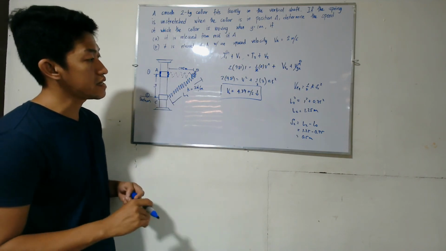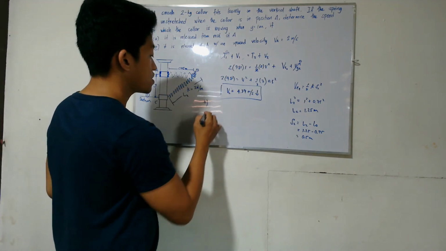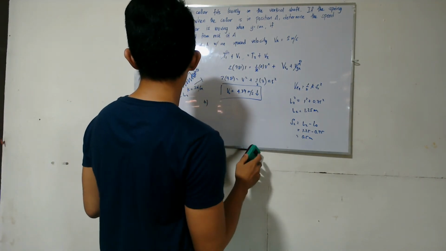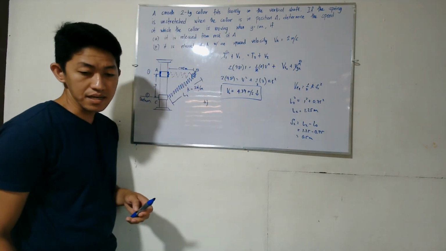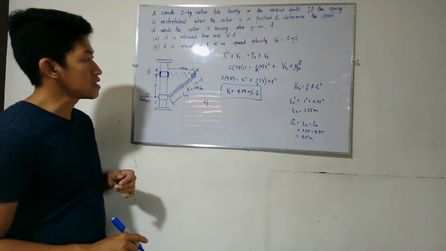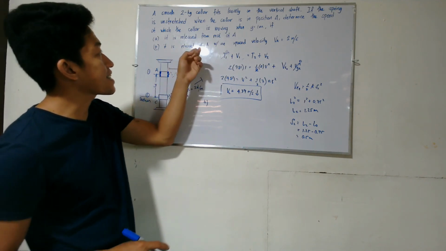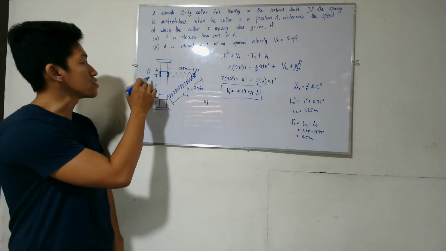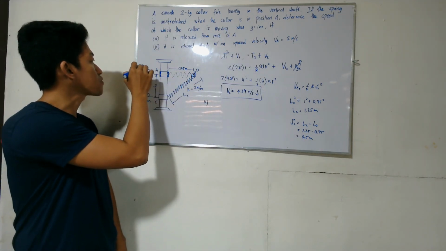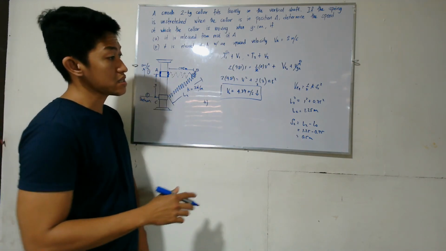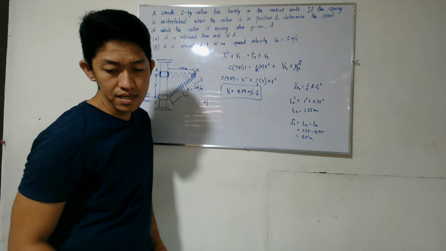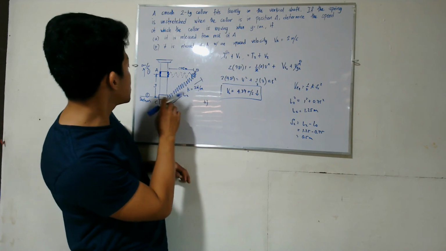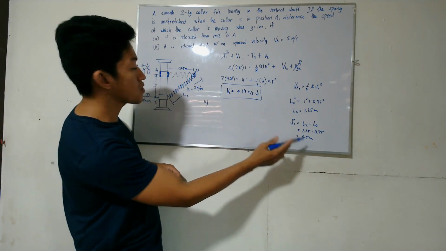Now let's proceed with the second scenario. The second scenario is that you release the collar with an upward velocity of 2 meters per second. So it's almost the same, not much will change. The S2 will still be 0.5 because y is still 1 meter.